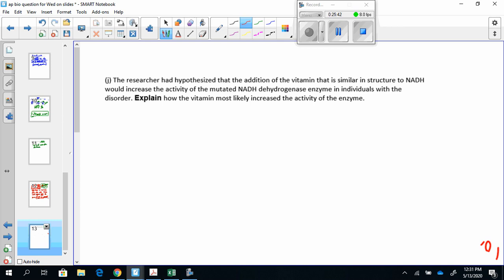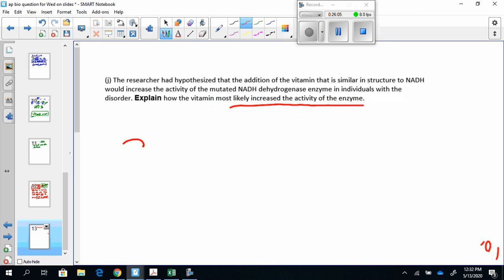All right, next one. The researcher had hypothesized that the addition of the vitamin that's similar in structure to NADH would increase the activity of the mutated NADH dehydrogenase enzyme in individuals with the disorder. Explain how the vitamin most likely increases the activity of the enzyme.